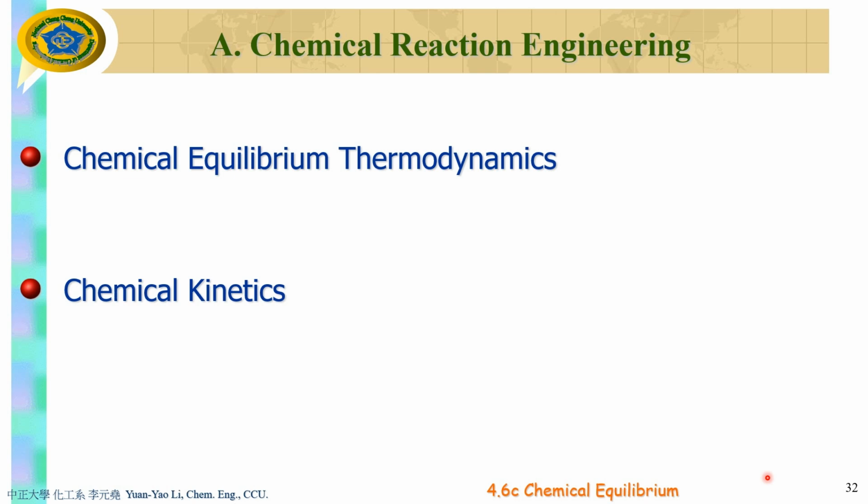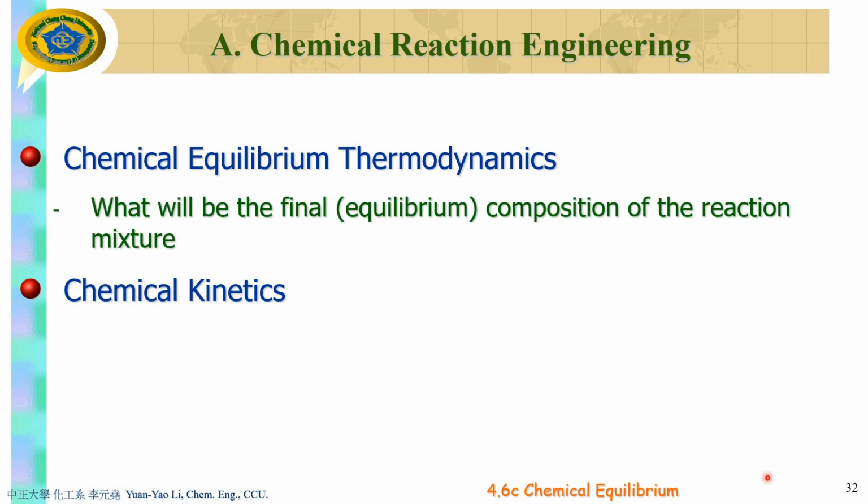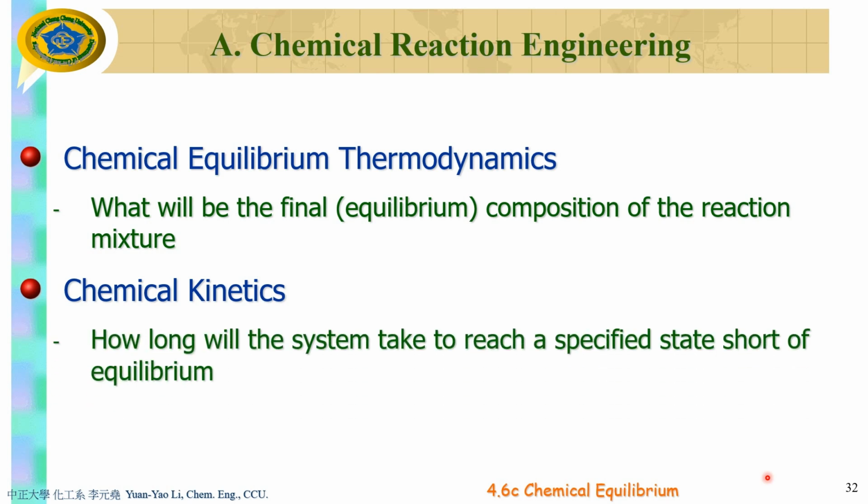In chemical reaction engineering, chemical equilibrium thermodynamics is always talking about the very beginning and the end. So it has nothing to do with what's going on during the process. But for chemical kinetics, the question is how long the system will take to reach a specific state short of equilibrium.